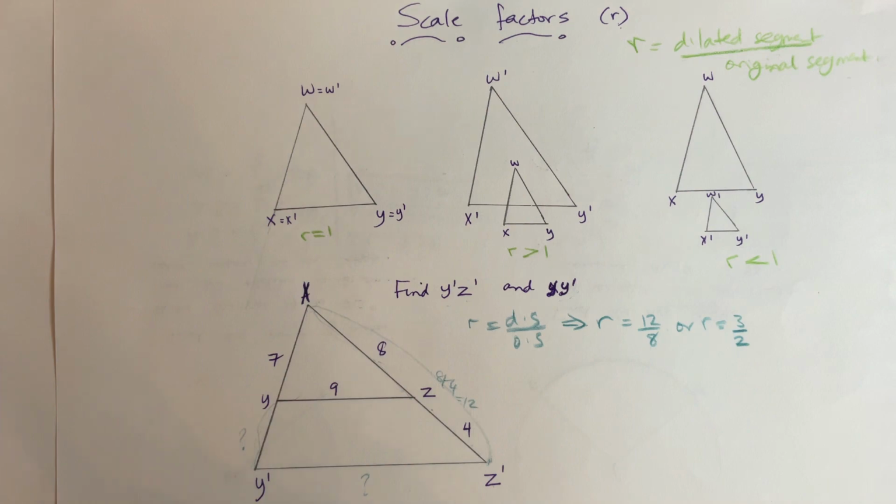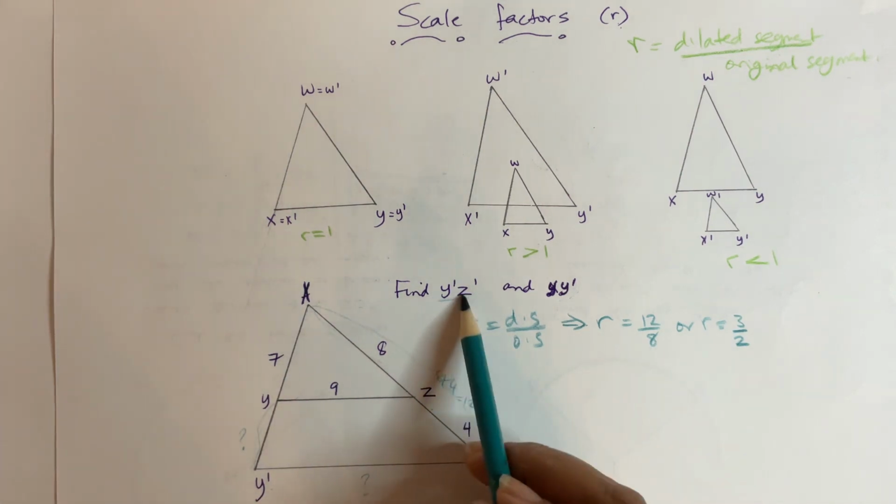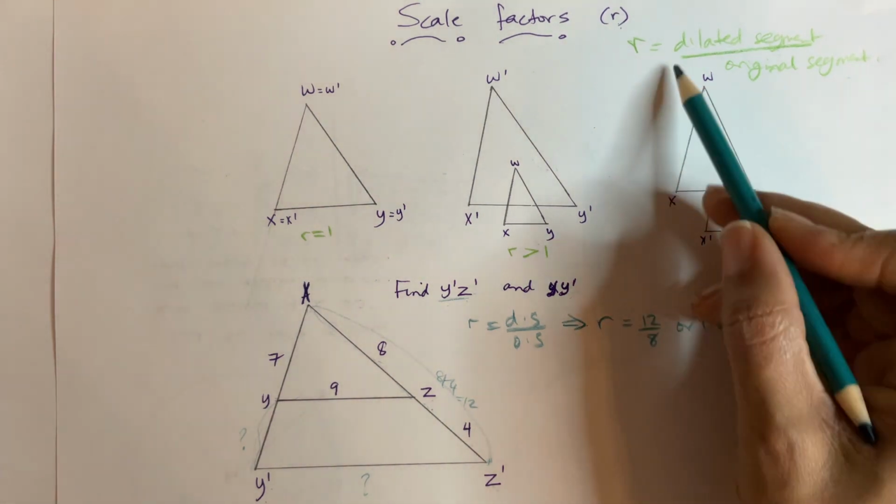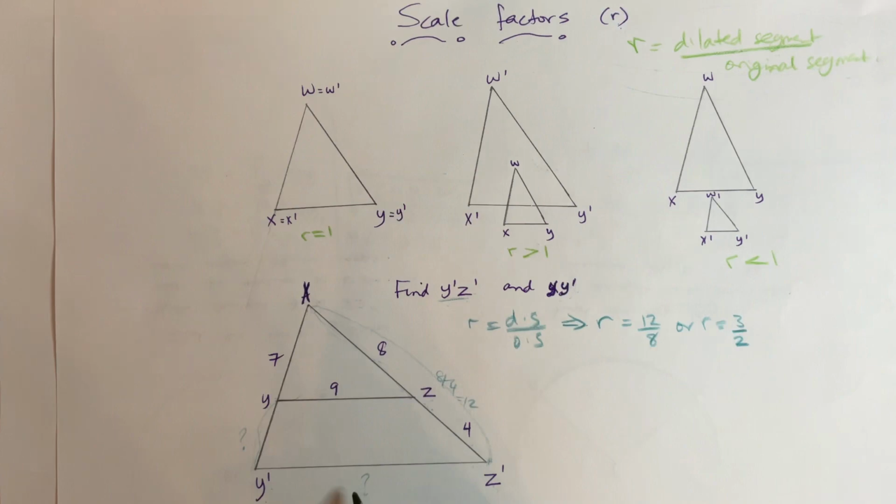Now we need to apply that, and we need to find Y prime Z prime. In order to find that, we have here our segment YZ, because this original figure XYZ is dilated and it gets larger to X, Y prime, and Z prime. We're going to apply the dilation formula to find this segment here, Y prime Z prime.